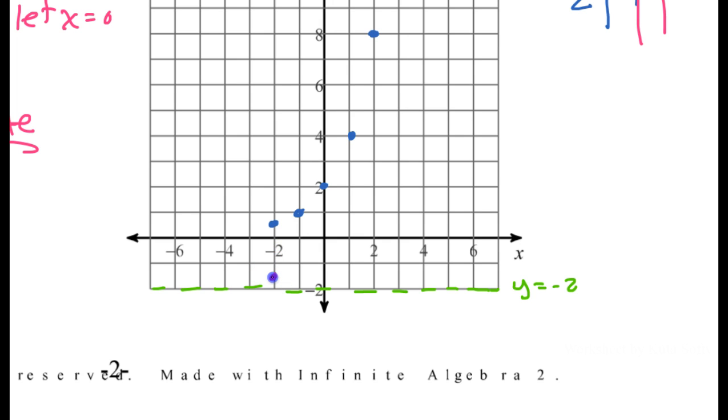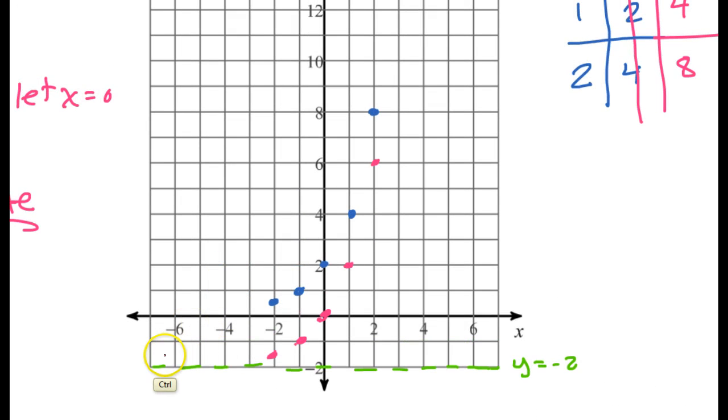So I'm moving everything down 2. So I should have this, and this, and this, and this, and this. I moved everything down 2. Having different colors also helps. And that's basically it. So now I'm just going to draw the curve, respecting the asymptote. Don't cross over it.